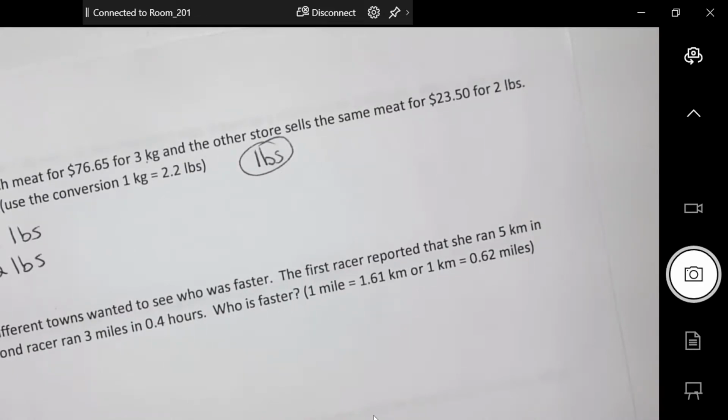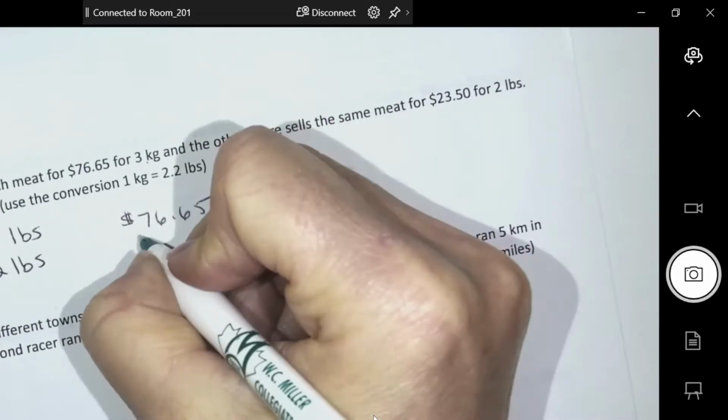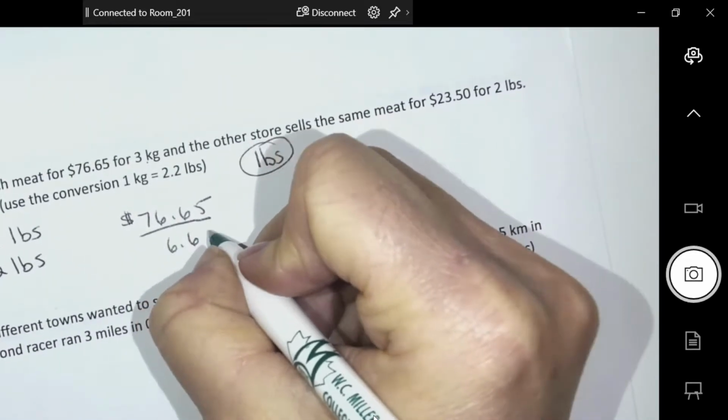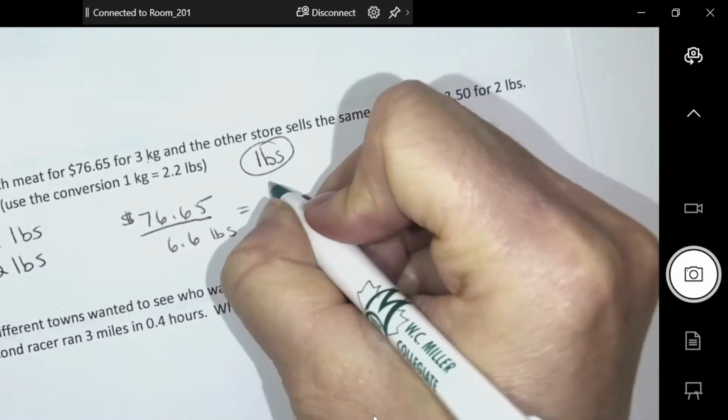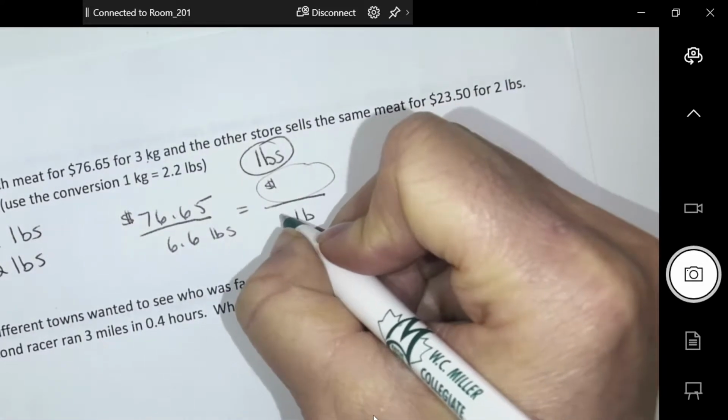Okay. Now I'm going to go into comparison, and I'm going to use unit rates to compare. So 76.65 for 6.6 pounds is how much money for 1 pound?